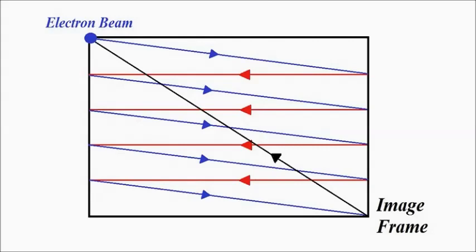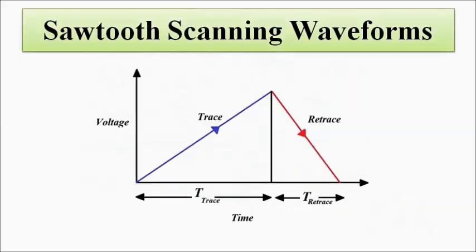So it is done by a sawtooth waveform. This blue line represents the trace or the scanning of the electron beam, and this red line represents the retrace path. It shows the voltage variation during the trace or scanning period and the retrace period. This is the time period of the trace or the scan, and this is the retrace time period.